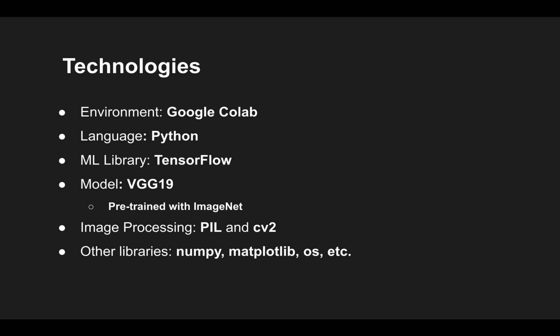For image processing, I use the Pillow and CV2 libraries, and also a few other libraries like NumPy for matrix processing, Matplotlib for visualization, OS for folder and file management, and so on.